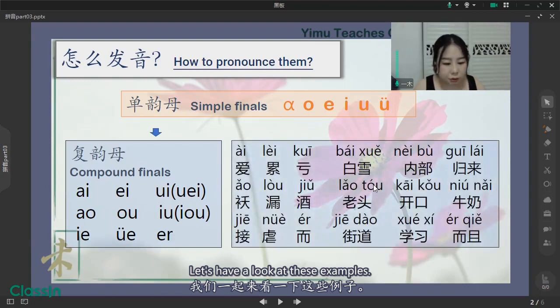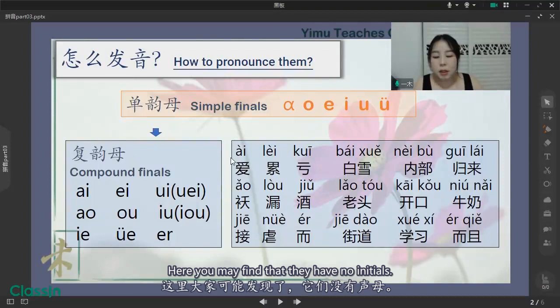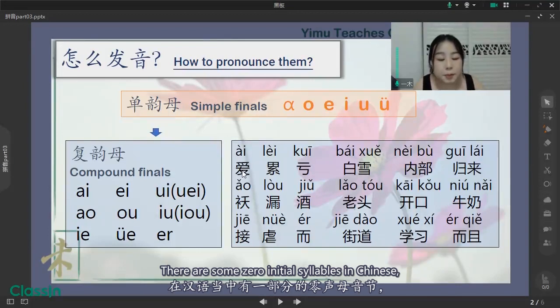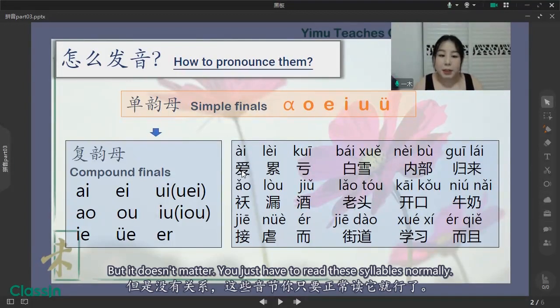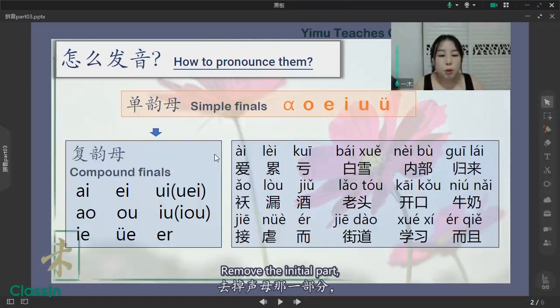Let's have a look at these examples. Here you may find that they have no initials. There are some zero-initial syllables in Chinese, but it doesn't matter. You just have to read these syllables normally. Remove the initial part.